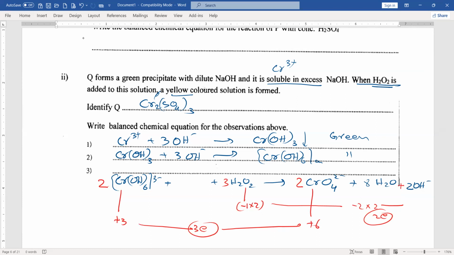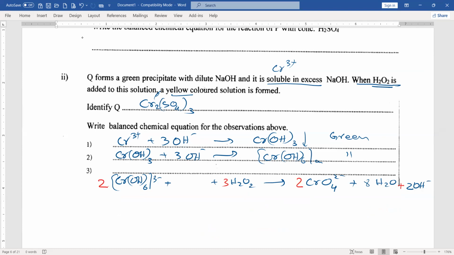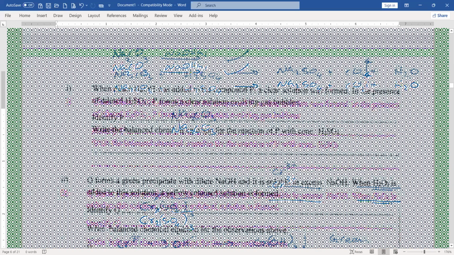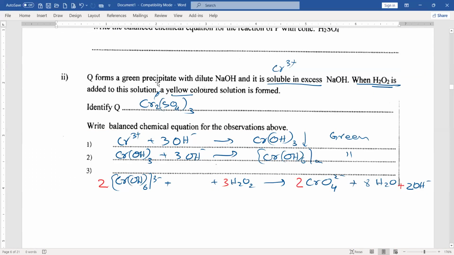And another equation you can write down. We don't know which solution they are talking about. Normally, we can say that it may be the initial solution they have given, that is Cr3+. Then Q forms a green precipitate with dilute NaOH, it is soluble in excess, and when H2O2 is added to this solution.